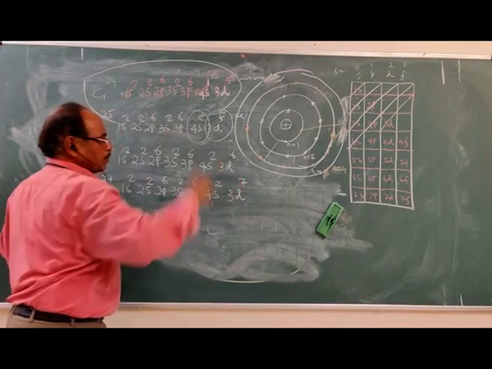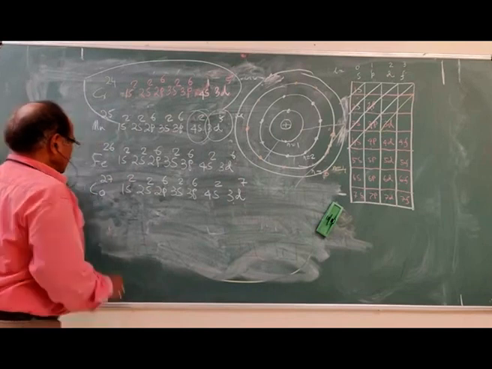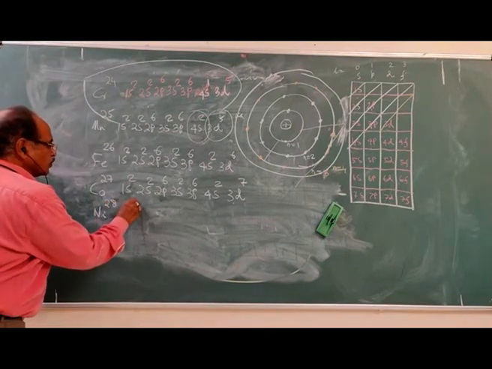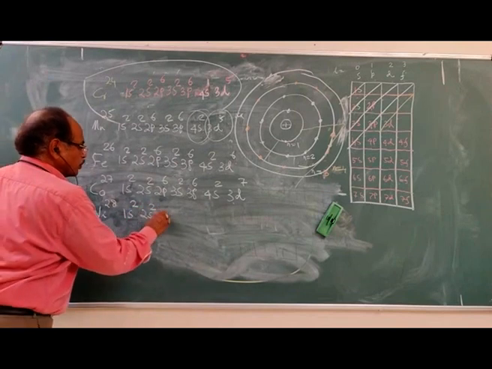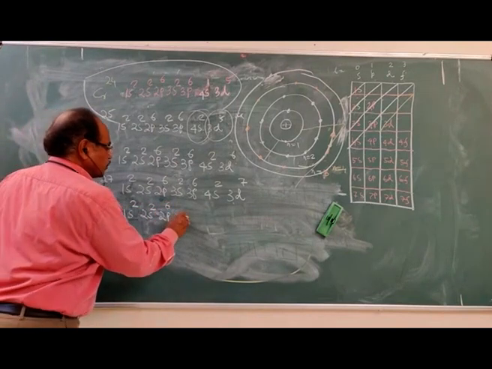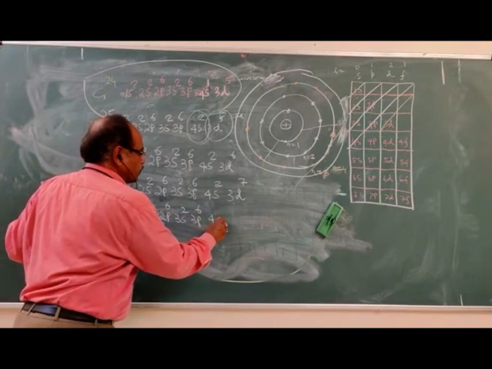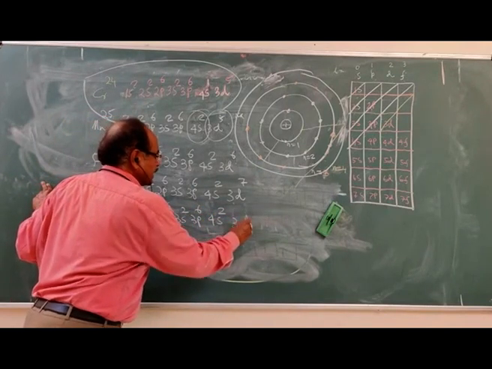This belongs to the d block of the periodic table. Then nickel 28, this is 1s2, 2s2, 2p6, 3s2, 3p6, 4s2 and 3d8.